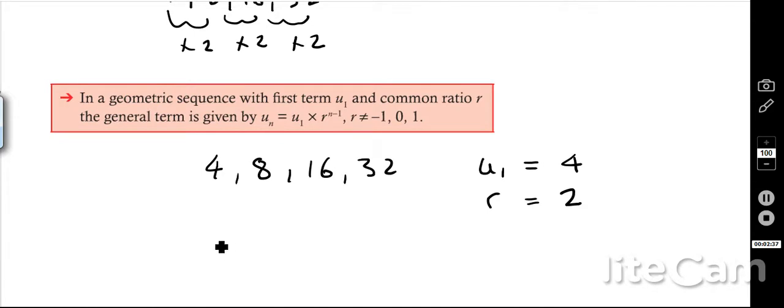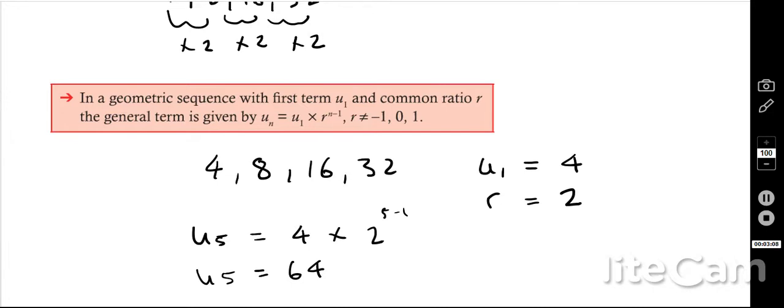So I simply put that in. Say I wanted to find the fifth term. The fifth term is equal to the first term, 4, times 2 to the power 5 minus 1. So the fifth term is in fact 64. Obviously I could have worked that out from here, but that's the method for how to do it. That's how to work out the nth term of a geometric sequence.